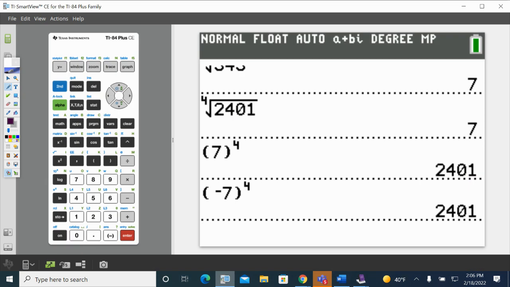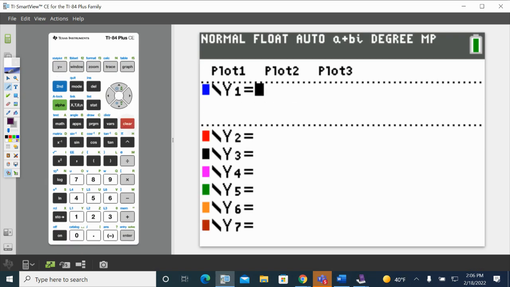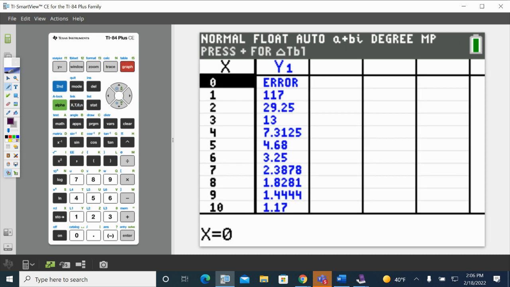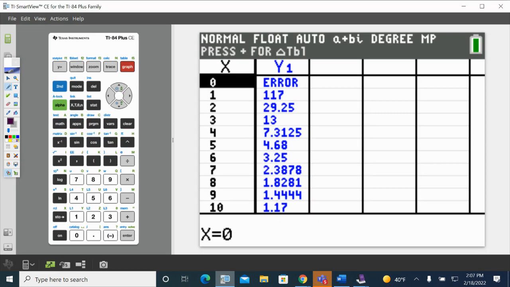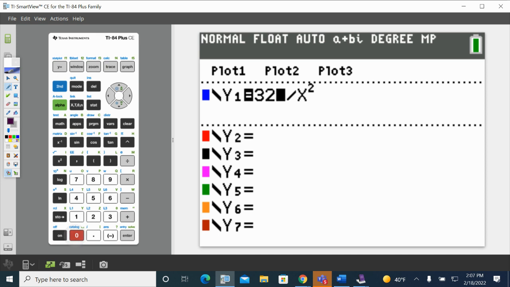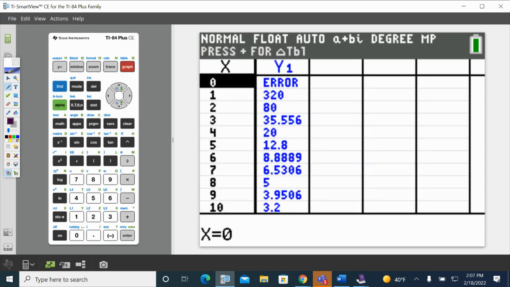Or you're using the calculator. Y equals 117 divided by x squared. And I can go to my table of ordered pairs and find that same answer, 3 radical 13, 3 square root of 13. On number 2, there is a number in front. So if I'm finding the square root of 320, y equals 320 divided by x squared.